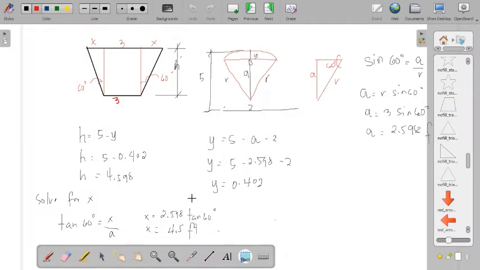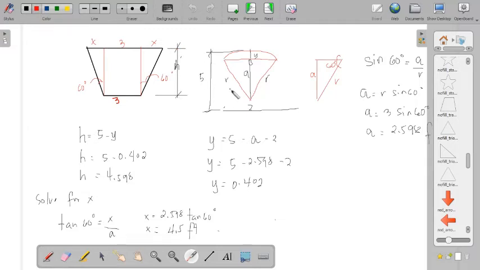After getting the area of the segment, we are now going to solve for the area of the trapezoid. In the trapezoid, we have this shape here wherein the base is given, which is equal to 3, as well as the edge. The edge here is the measure of the height of your trapezoid.